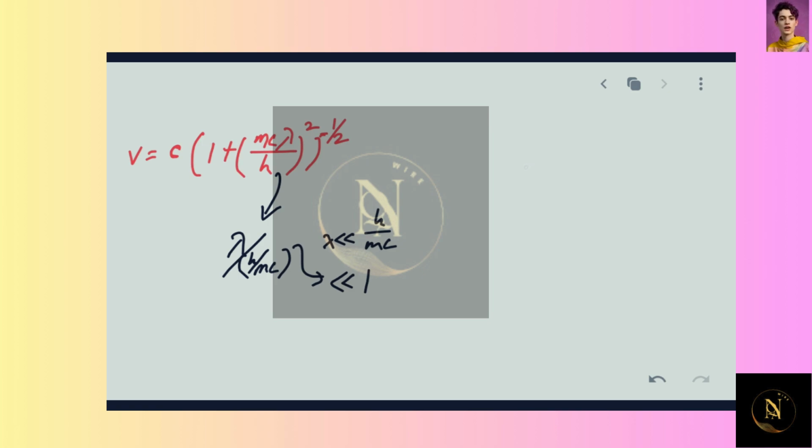As we know, with something like 1 plus x to the power of n, where x is much less than 1, we can use the binomial expansion, which equals 1 plus nx plus so on. But we're only interested in the first order approximation, so we just take up to the second term.